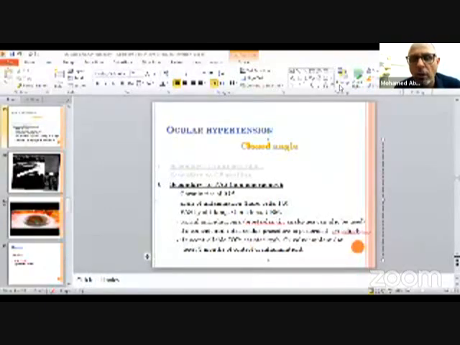Or in children, I would go in the first instance with an Ahmed valve. Let me repeat your answer. Did you say you would rather go for a trabeculectomy? I would go with the trabeculectomy and mitomycin in adults, but in children, I would go with an Ahmed valve. Okay.